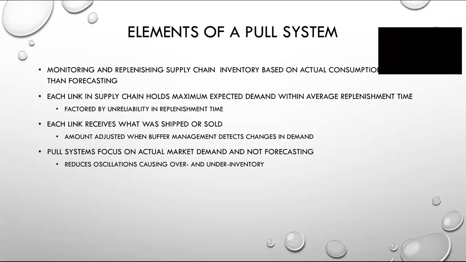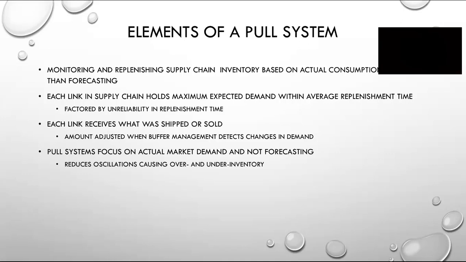Each link in the supply chain holds maximum expected demand with an average replenishment time. So what we basically do is say, okay, what's the actual consumption? If it's 10 units or 12 units, that's the amount of inventory that we're going to maintain based upon our lead time. If our lead time is 3 weeks and we expect 10 units of consumption per week, then we're going to hold 30 units of inventory.